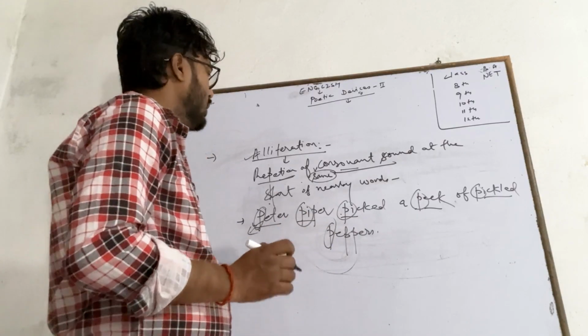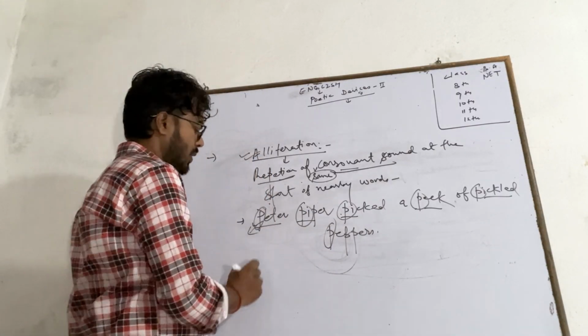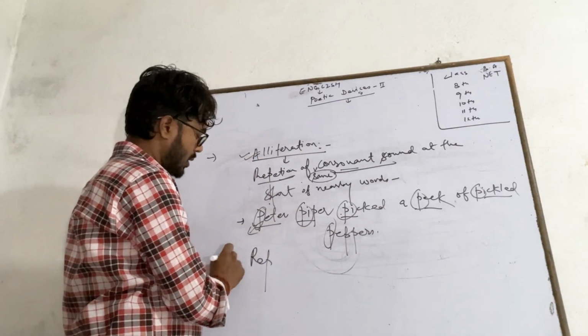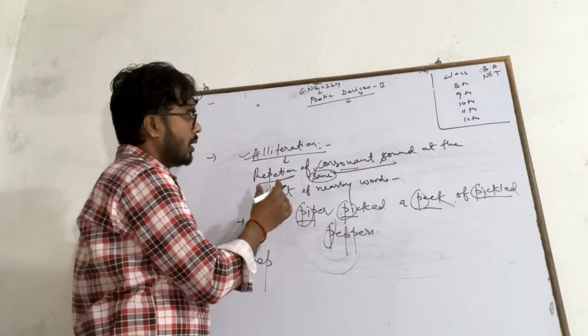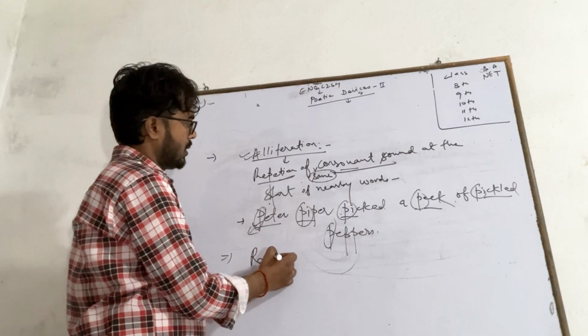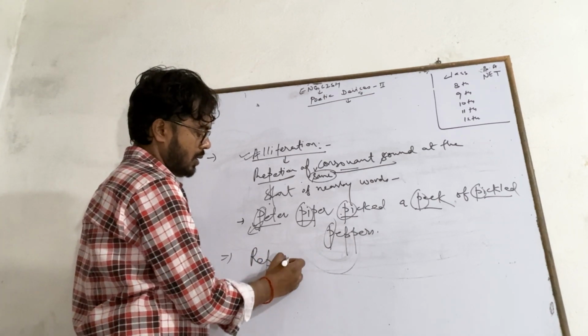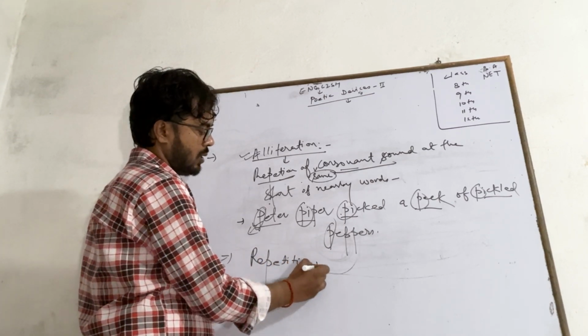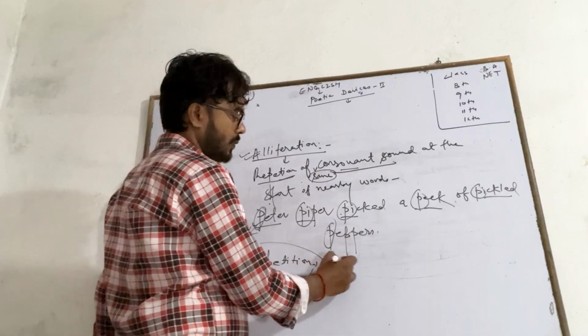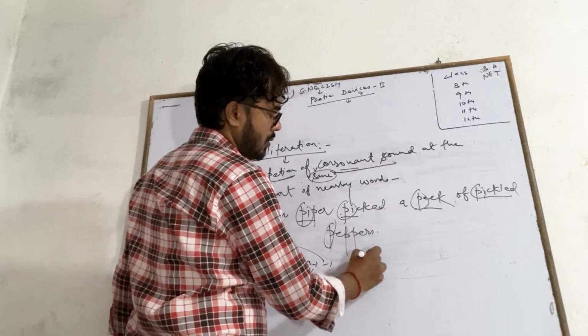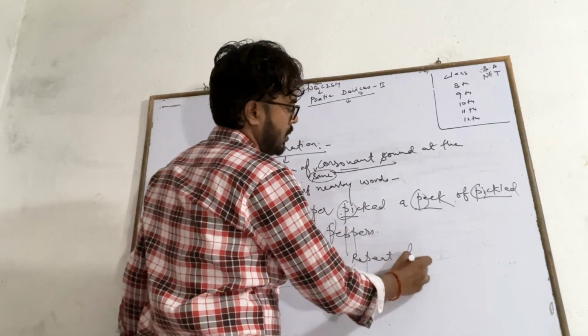Okay, sound. What is the difference between alliteration and repetition? At the same time, I am discussing another poetic device, repetition. In repetition, there is repeat of the word.